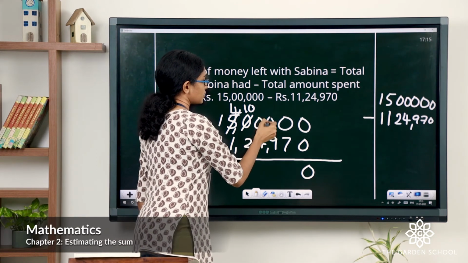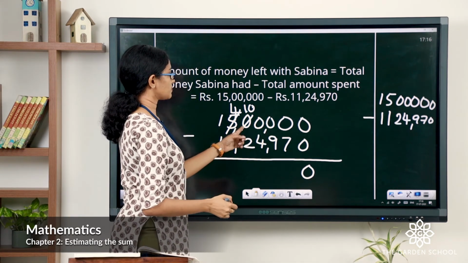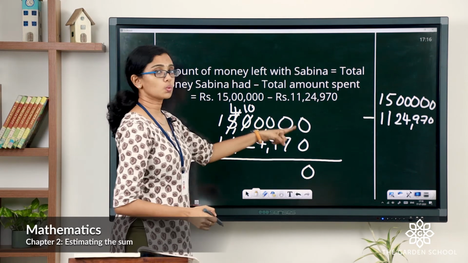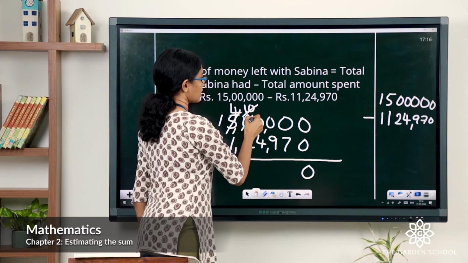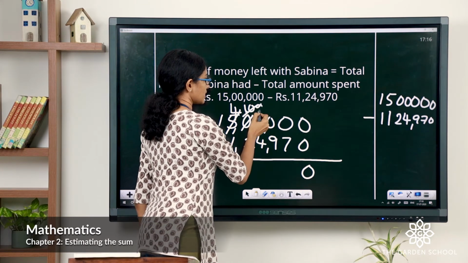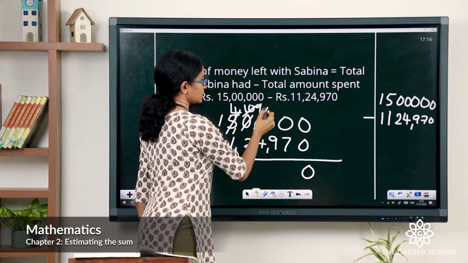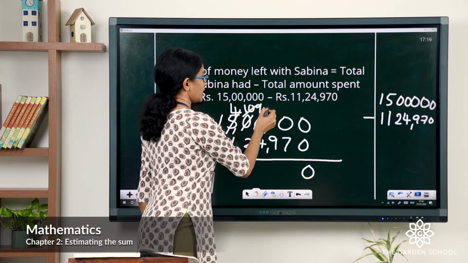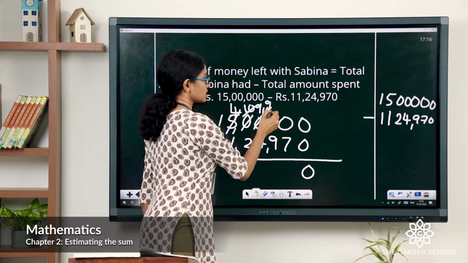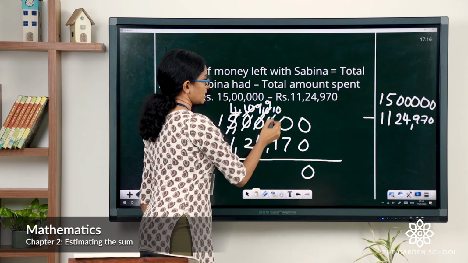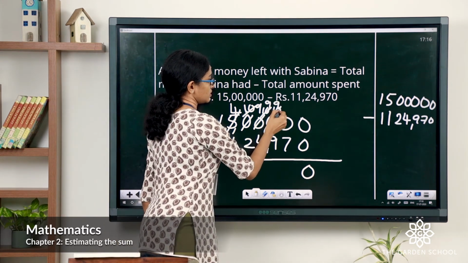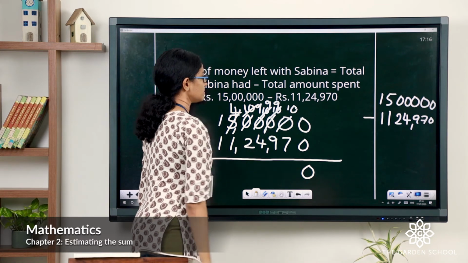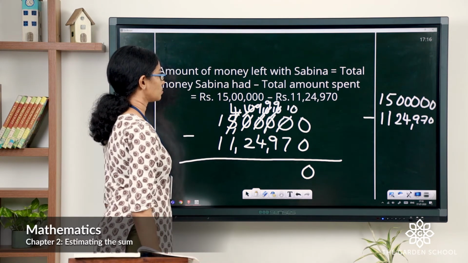And again, we have to borrow 1 from this place to this place so that we can borrow till here. So, again, I am borrowing 1 from this 10 to make it 9, and here this became 10. Again, borrowing from here makes this one 9, and this becomes 10. Again, this becomes 9 and this becomes 10.